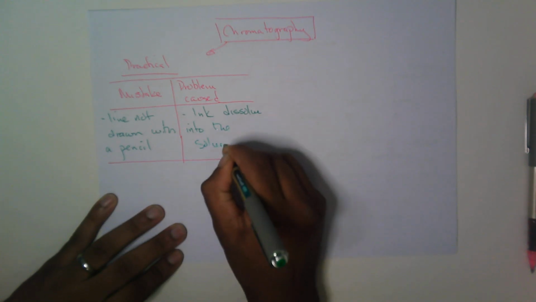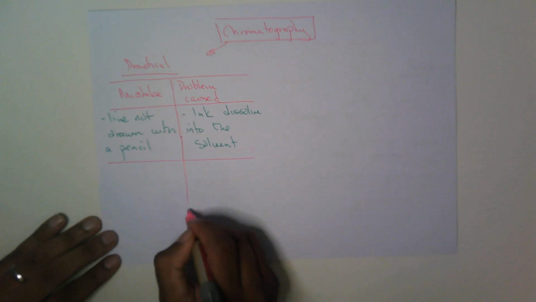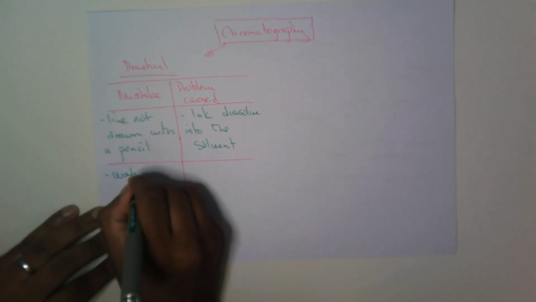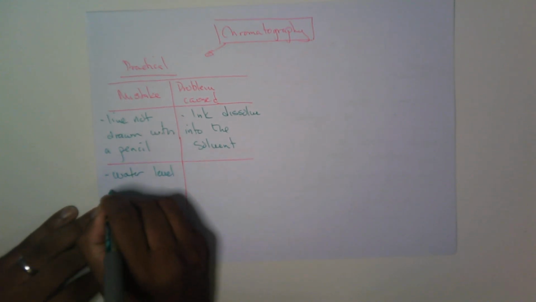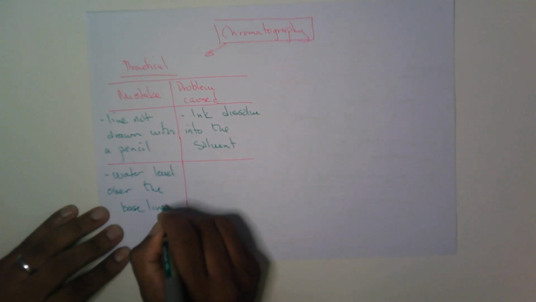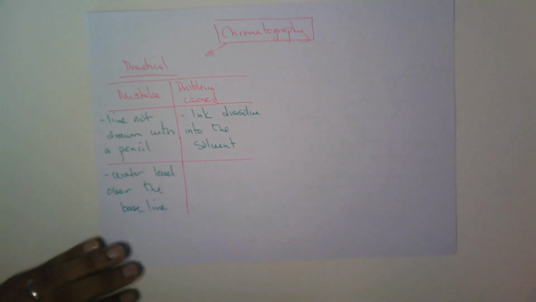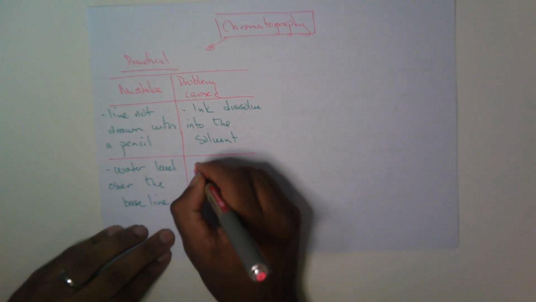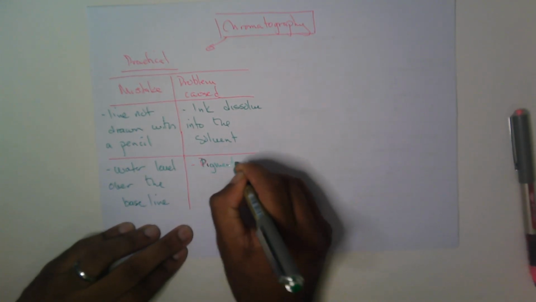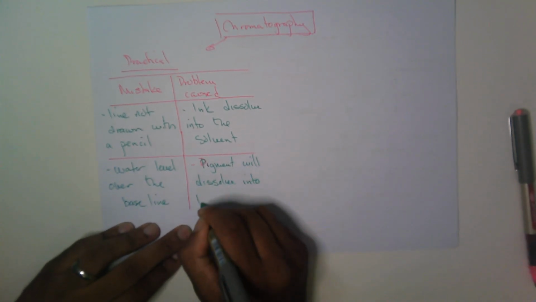Okay, so the ink will dissolve into the solvent. Now the other mistake is the water level. If the water level is too high, if it goes over the baseline, then that also can cause a problem, because what will happen is all the pigments will mix and dissolve into the solvent.